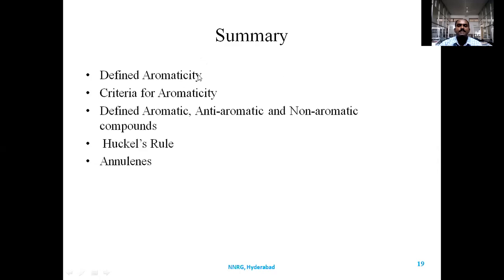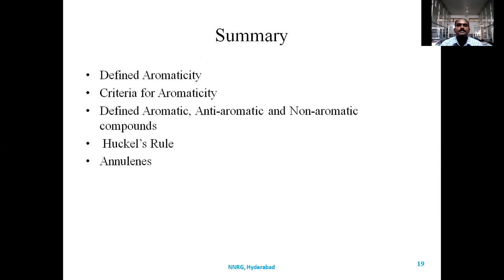Because of that, resonance energy decreases, and that is the reason aromatic compounds do not undergo addition reactions, rather they undergo substitution reactions. Why? Because these properties, that is cyclic, planar, complete conjugation and Huckel's rule, a particular number of pi electrons, make the molecule dynamic.